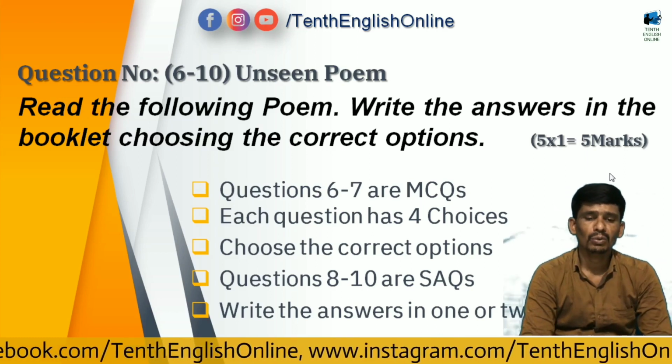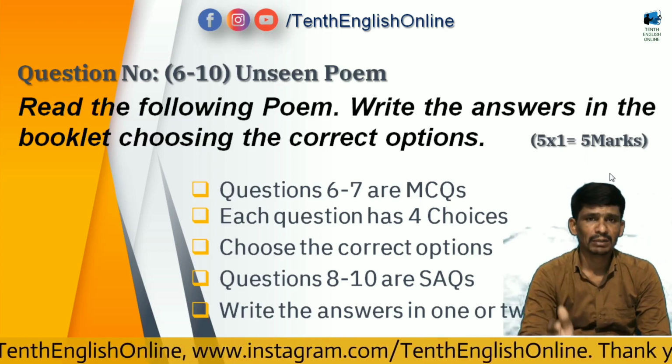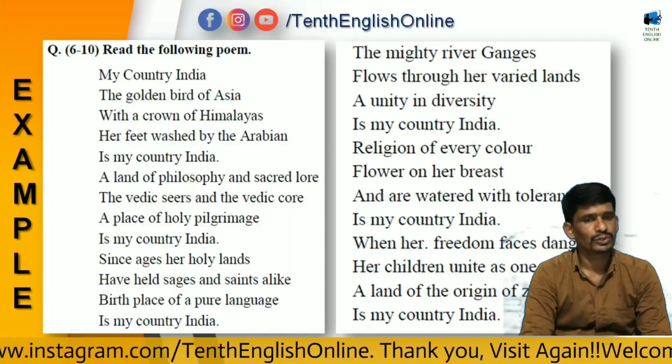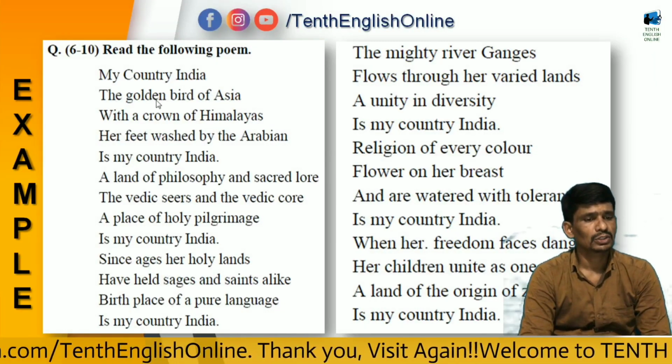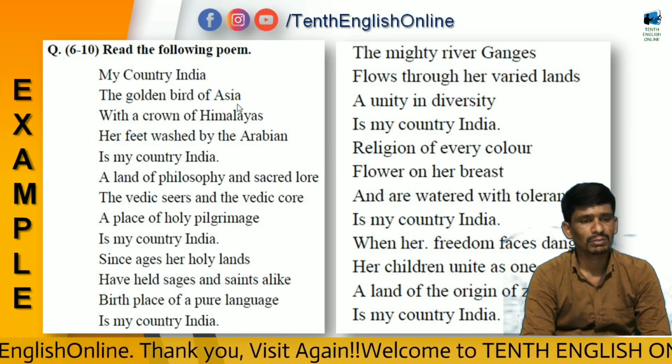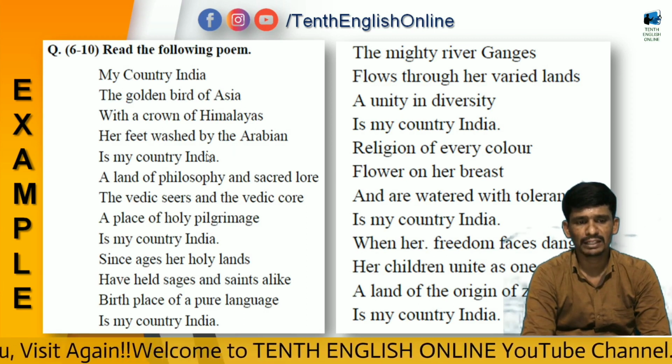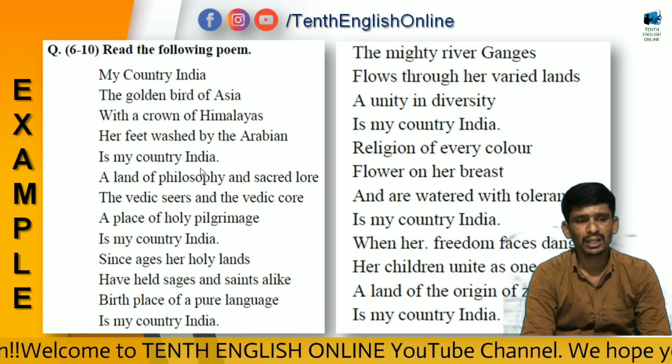Now I am going to show you one example poem for the unseen poem. See, the poem is like this. My country India, the golden bird of Asia, with the crown of Himalayas, her feet washed by the Arabian Sea, is my country India.